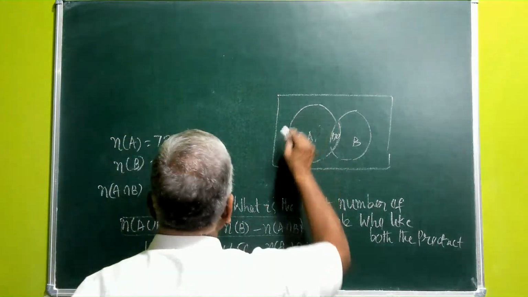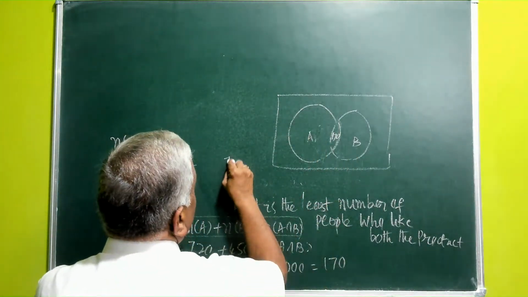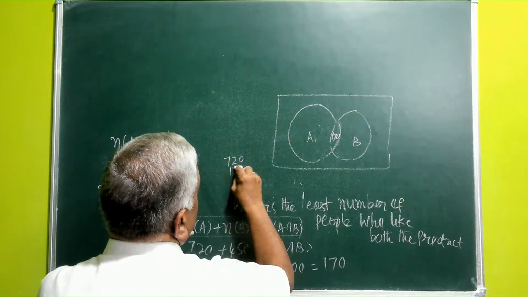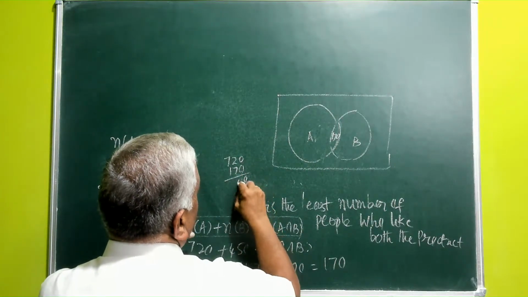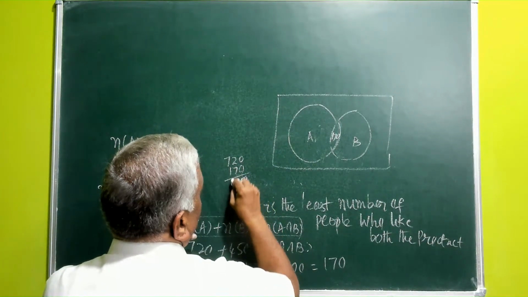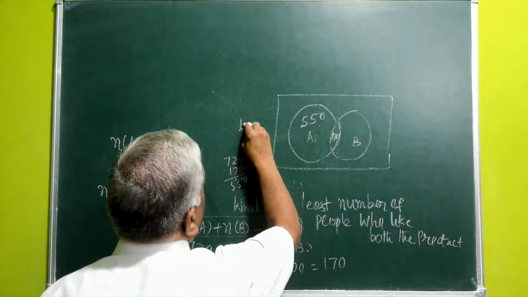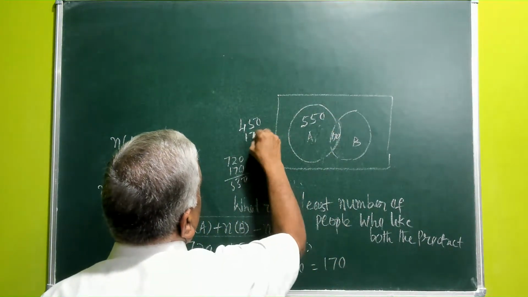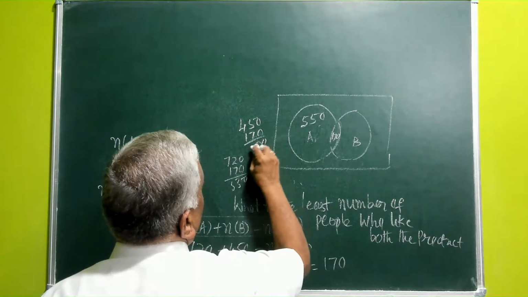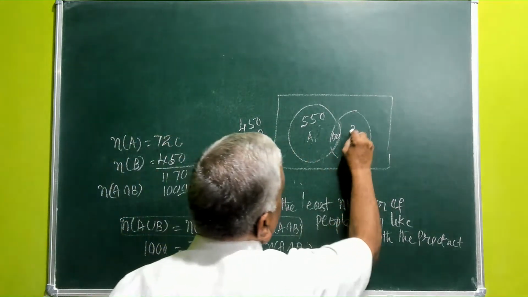But this is the people liking A. How many are there? 720. From that 720 you subtract 170. 550 people will like this. And from 450 you subtract 170. 280 people.